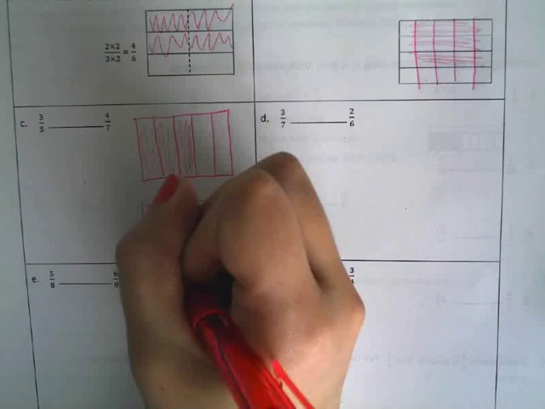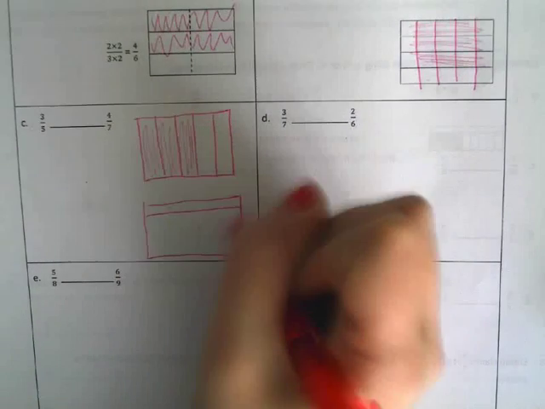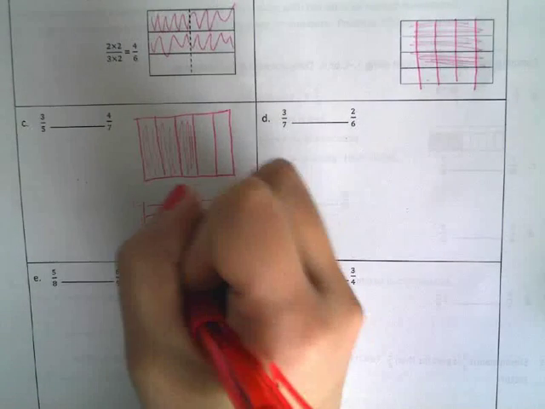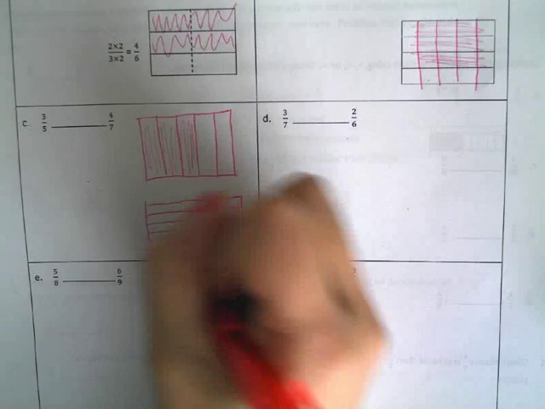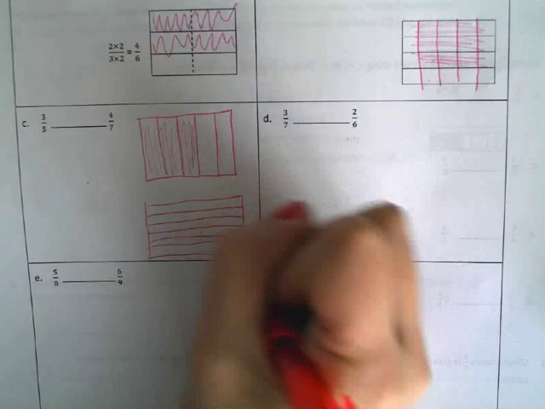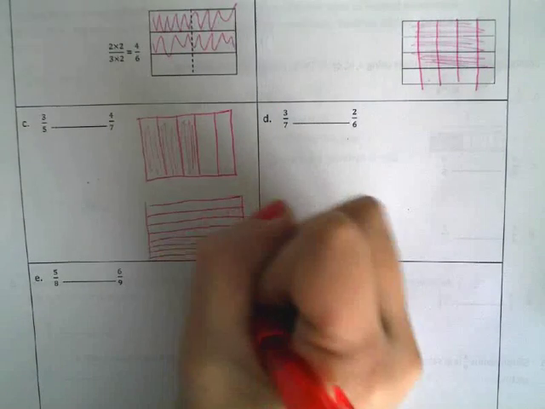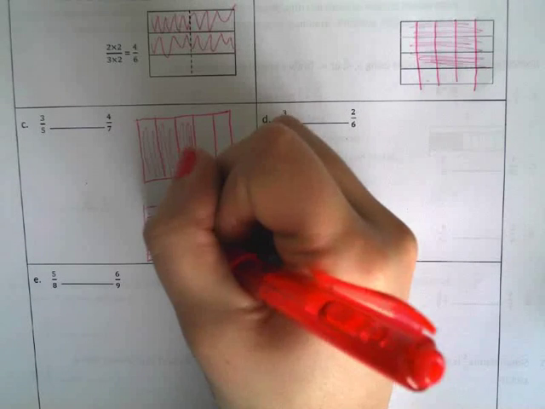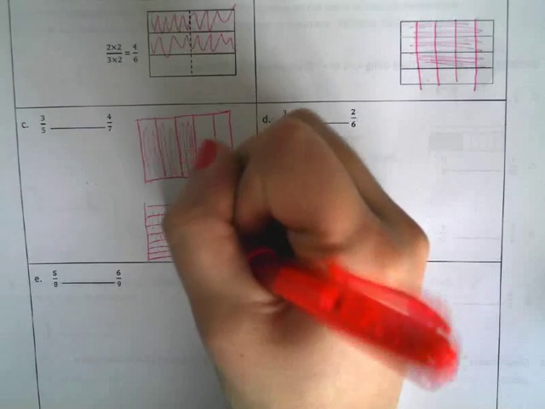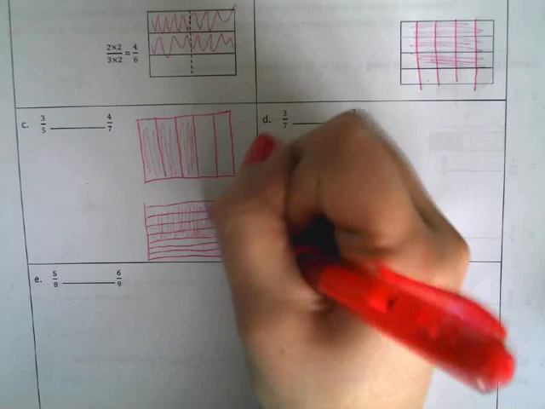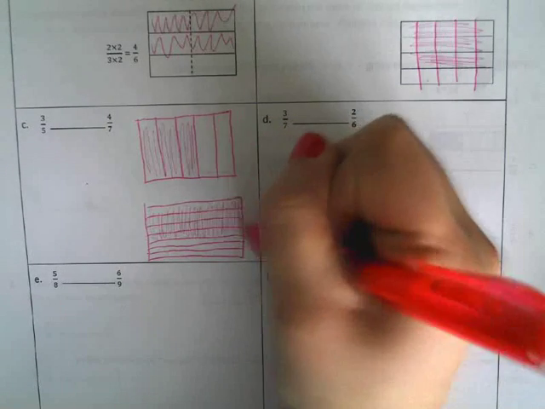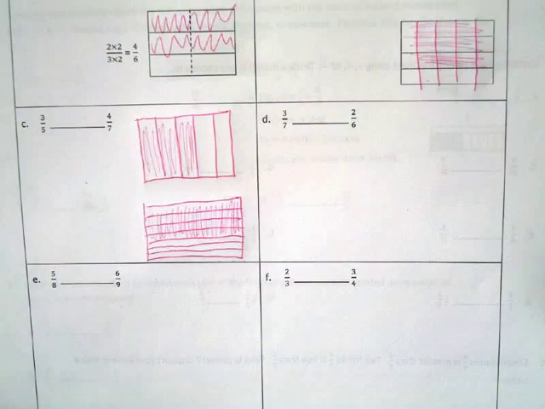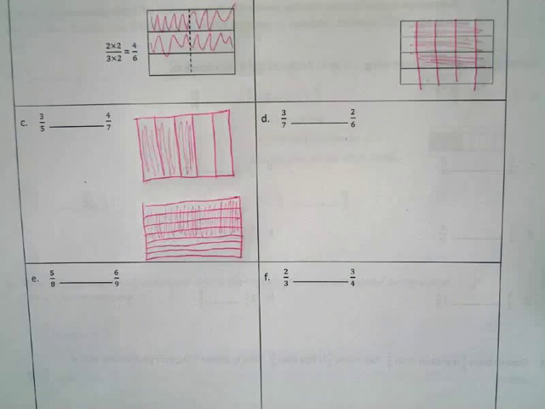And then I'm going to cut my other one the opposite way, and I'm going to have how many pieces? 7. 1, 2, 3. And I'm going to shade in 4 of those. All right, what's my next step? Brendan?